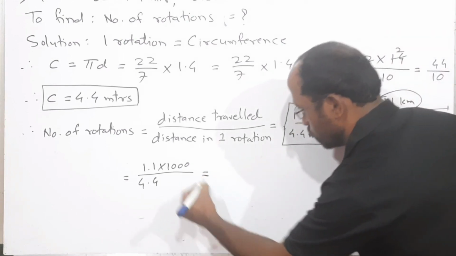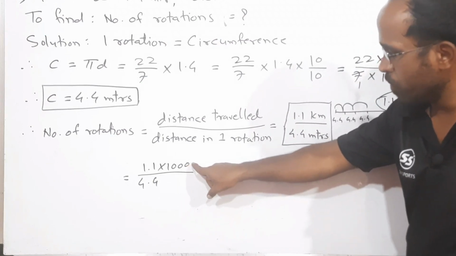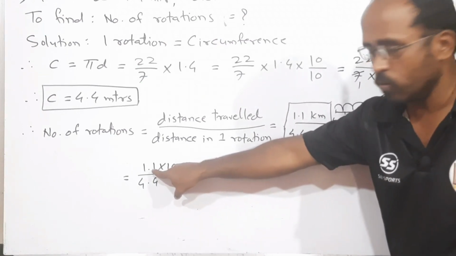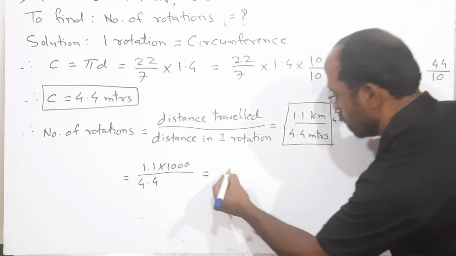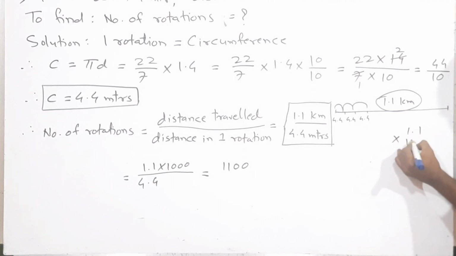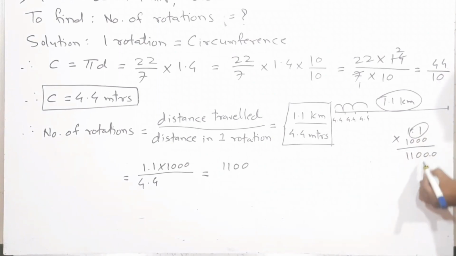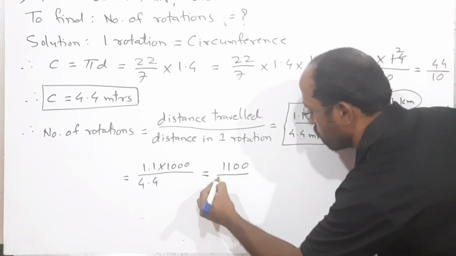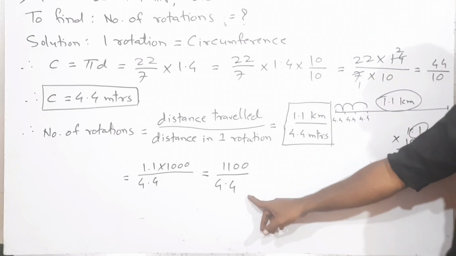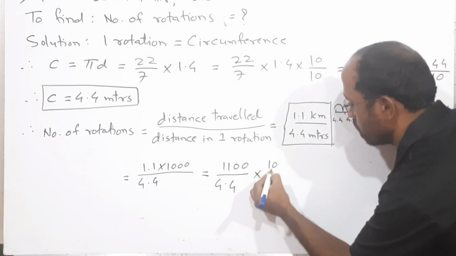So that is equal to, by multiplying by 1000, because of this 1 decimal point will be removed and the remaining 2 zeros will be appended after it. So it will be 1100. See, 1.1 multiplied by 1000 is 11,000 with 1 decimal place from the right side. So 1100.0, which is 1100 upon 4.4. Once again, this decimal point we don't require. So again we multiply by 10 upon 10.